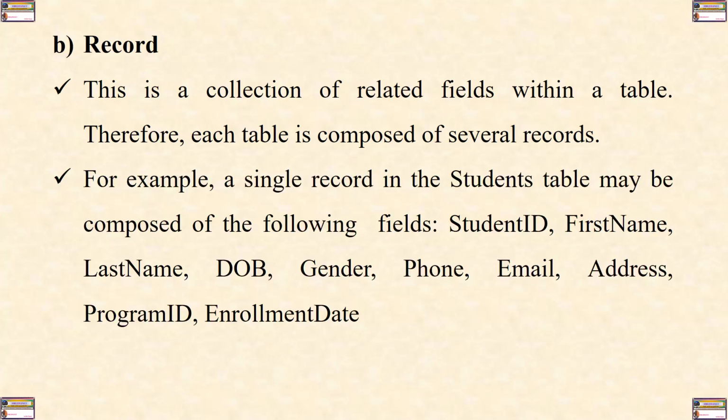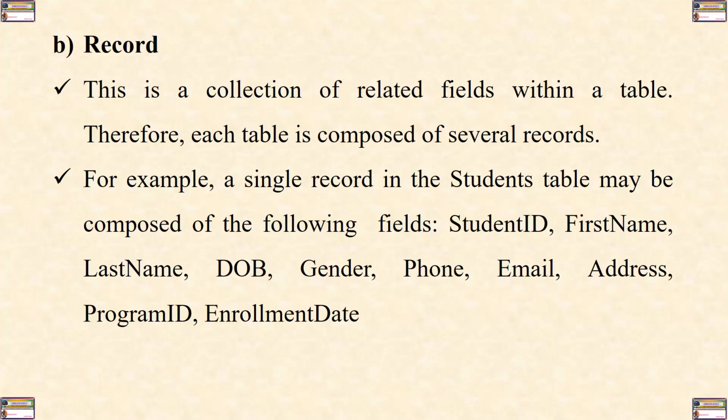For example, a single record in the students table may be composed of the following fields: student ID, first name, last name, date of birth, gender, phone, email, address, program ID, enrollment date. So what we are calling first name, student ID, last name, etc., these are what we are calling fields.